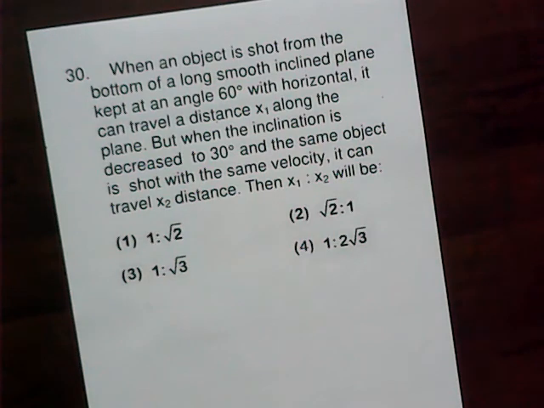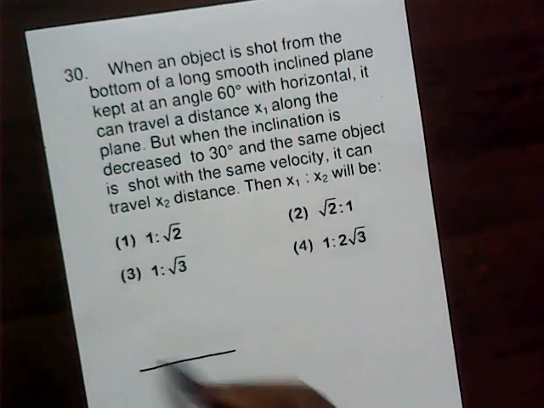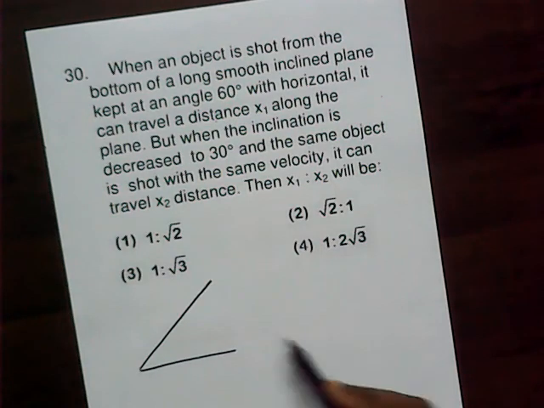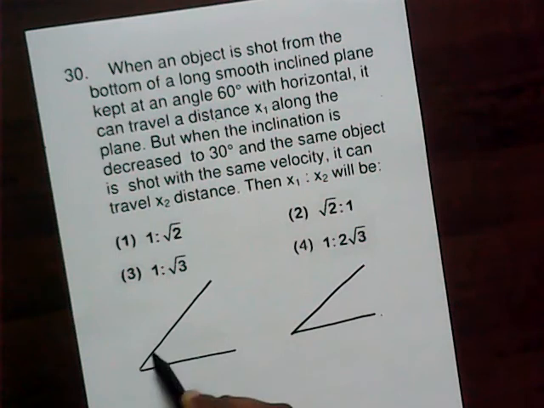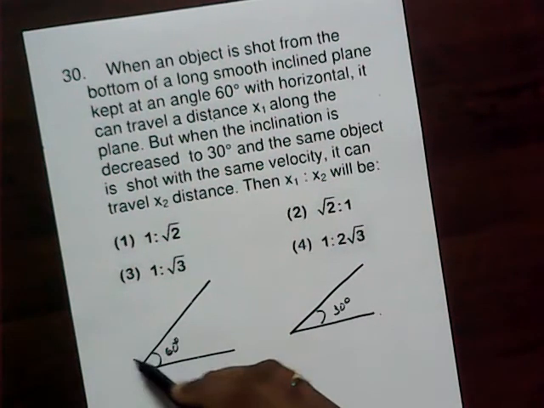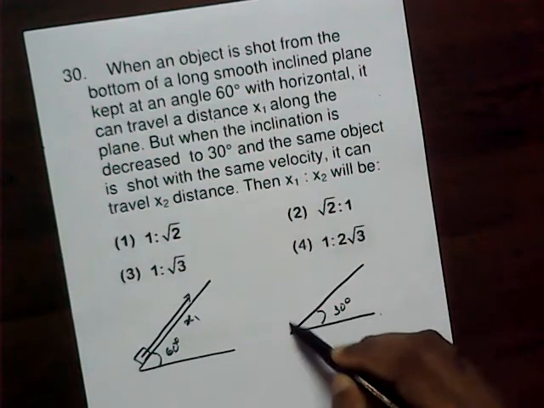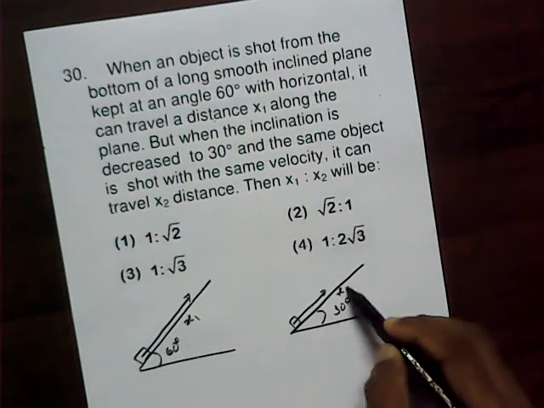Then x1 is to x2 will be? So in the first case, it is with 60 degree, and in the next case, it is with 30 degree. In the first case, it travels a distance x1, and the second case x2.